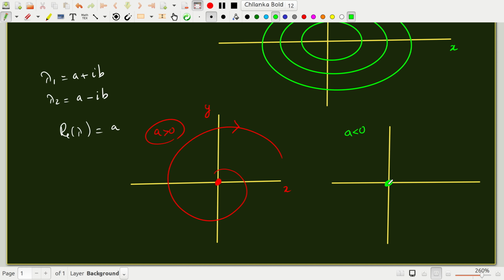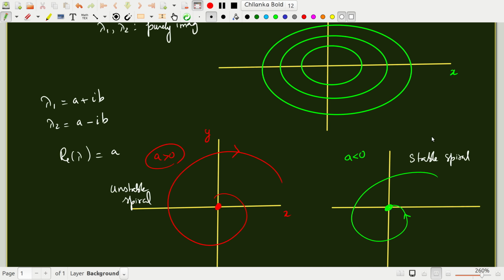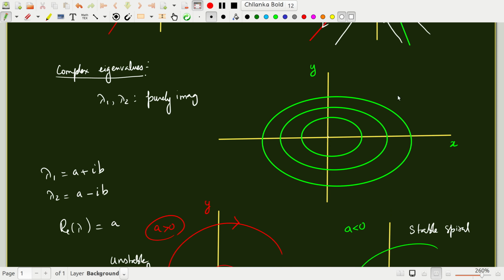Now this is a stable spiral, so things are going to come towards the center. This is an unstable spiral, whereas this is a stable spiral. Now this point, the origin here, is called the center.